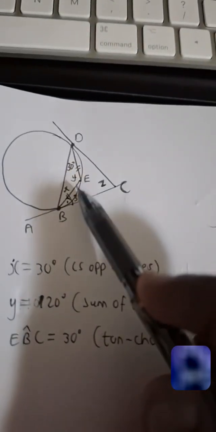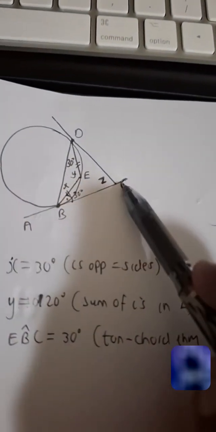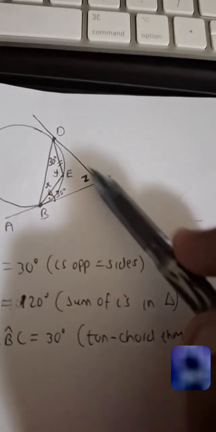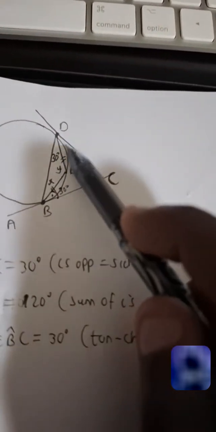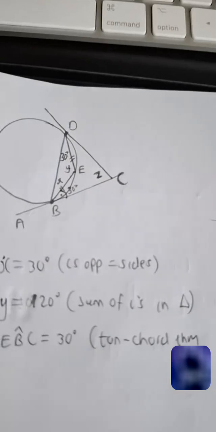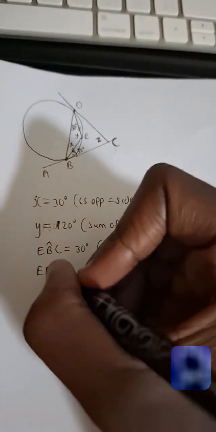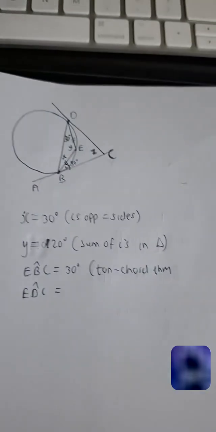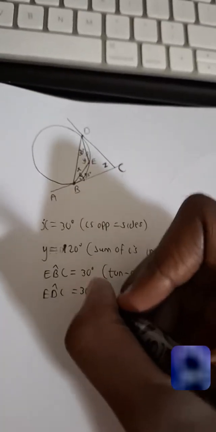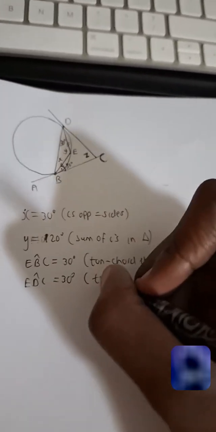EDC. Okay, what about EDC? We can find it by the same reason as we said. EDC is equal to 30 degrees. Reason? Tan chord.